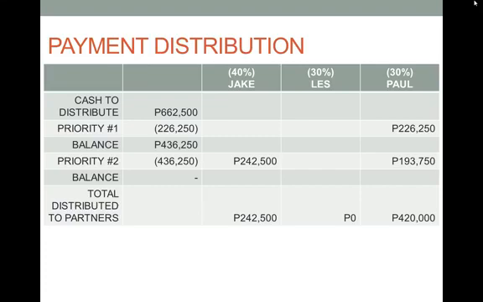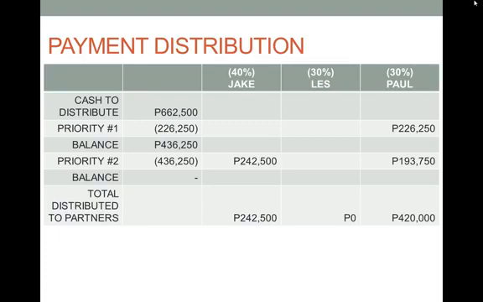So, to pay priority 2, since kaya namang bayaran si Paul ulit in full of 193,750, bayaran mo siya in full. Then yung excess, yun yung mapupunta kay Jake na bayad, out of the 436,250 balance.